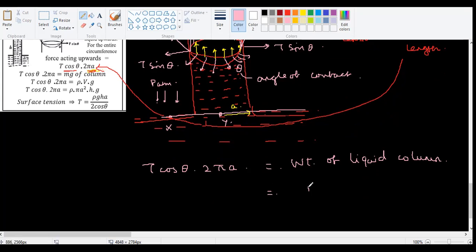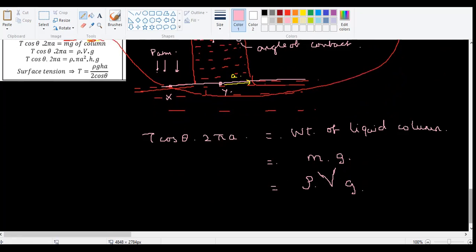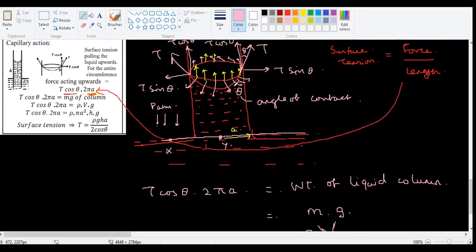What is weight of liquid column? Mass into gravity. What is mass of the liquid? Density into volume. Capital V, don't forget small v is velocity. What is the volume of this capillary rise? Pi r squared into h.